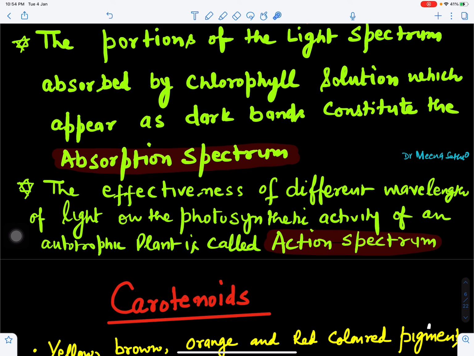Chlorophyll A and chlorophyll B are found in the chloroplast plastid, and when found with other chlorophylls, they are found in the chromoplast. Maximum absorption of light occurs in the blue violet zone as well as in the red region of the spectrum, and maximum photosynthesis will occur in the blue violet zone and red region of the spectrum. So this is all about chlorophylls.